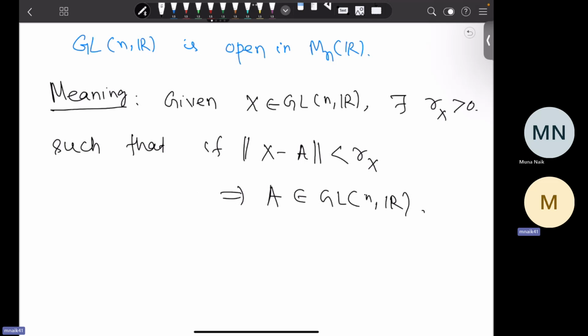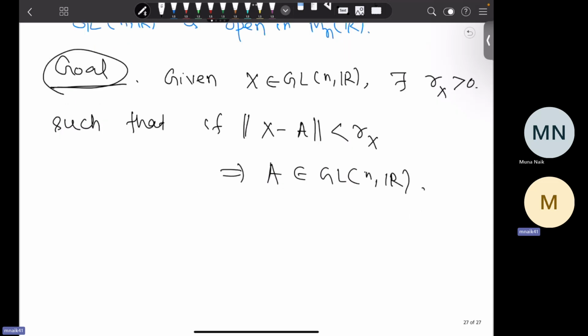So what is our goal? Our goal is really: given any X belongs to GL(n,R), there exists Rx greater than 0 so that if the norm of X minus A is less than Rx, then this will imply A belongs to GL(n,R). Now, what happens if X is the identity?